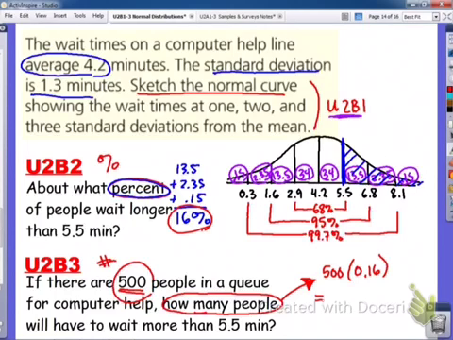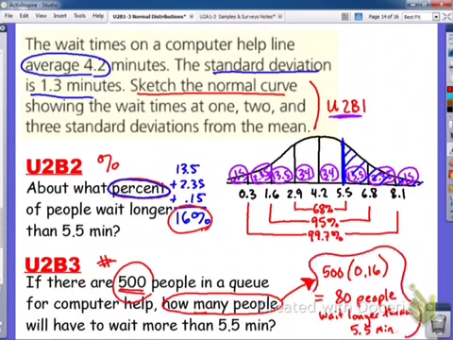What do you get? 80? 80 people wait longer than 5.5 minutes. Ta-da!